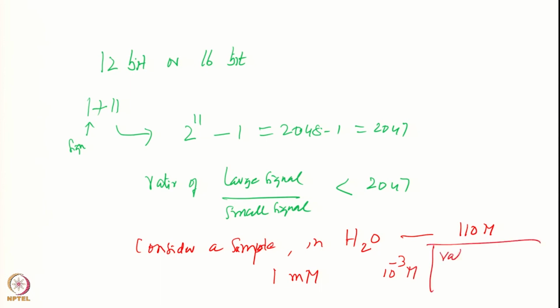The ratio is equal to 110 divided by 10 to the minus 3, this is approximately 1.1 into 10 to the power 5. Okay. So therefore it is impossible to represent this number in this 12-bit digitizer, and this is called the dynamic range.